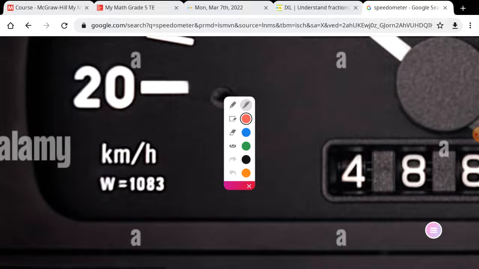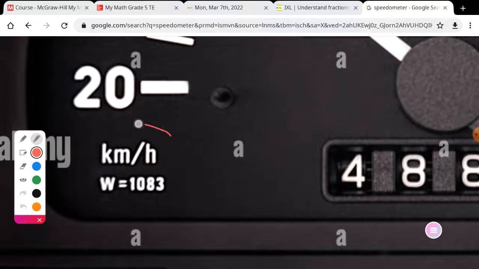Raise your hand if you think you know what that means. Cooper? How many kilometers you go per hour. Kilometers per hour. So when you saw this slash, what word did you say, Cooper? Per.